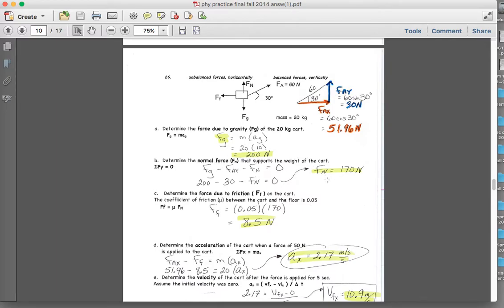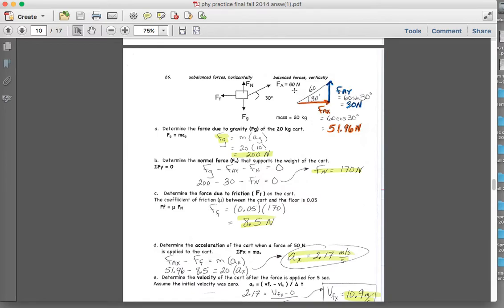I always like to think of normal force as what a scale would read. So if you put this 200 Newton thing on the scale, it would only read 170 because you're pulling up with 30. 30 is not enough to lift it, but it certainly is enough to take some of that pressure off and change what the scale would read.